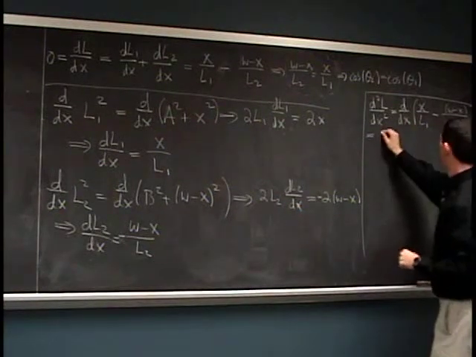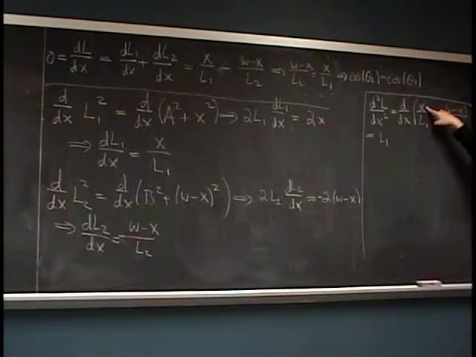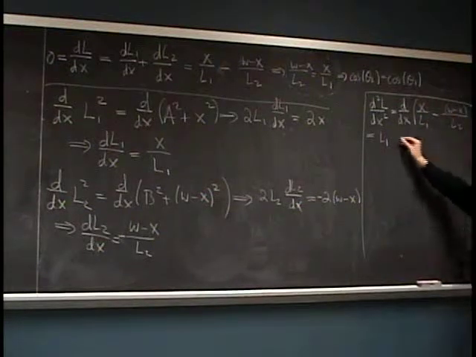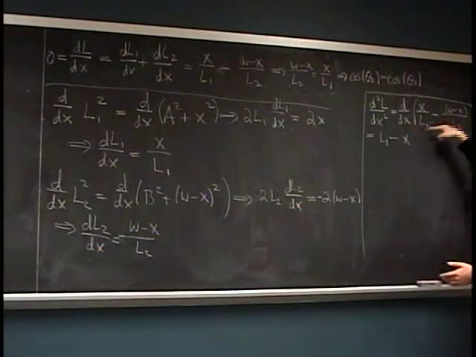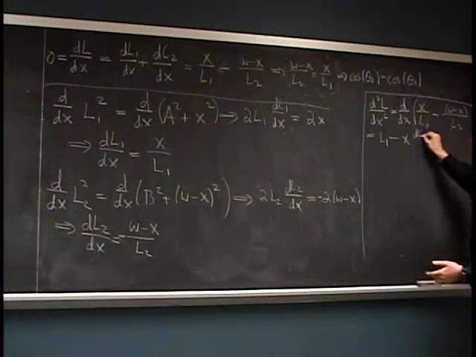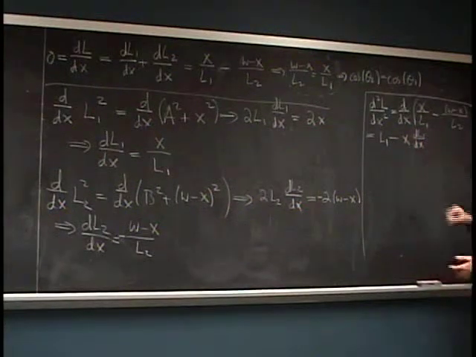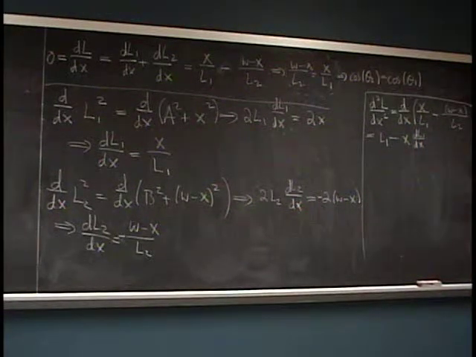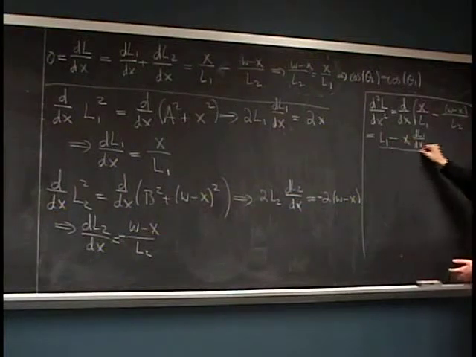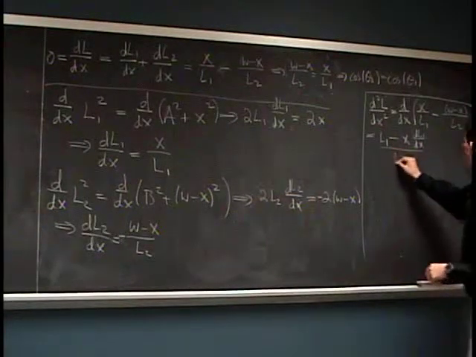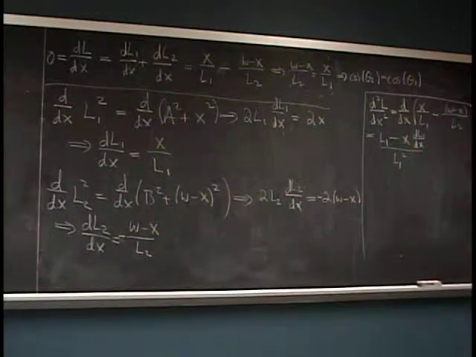Low, d high, derivative of x is just 1, no problem. High, d low, derivative of L1. Well, let's just leave it as derivative of L1 over L1 squared. Now we do the derivative of this term.